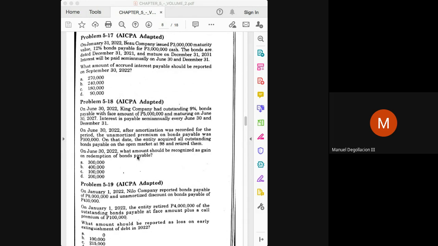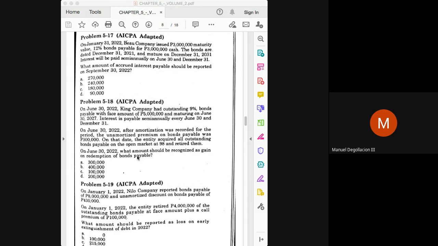Next is to compare it with the redemption price or the cash payment. On that date, the entity acquired all outstanding bonds payable on the open market at 98 and retired them. Okay, so the redemption price or the reacquisition price is at 98.